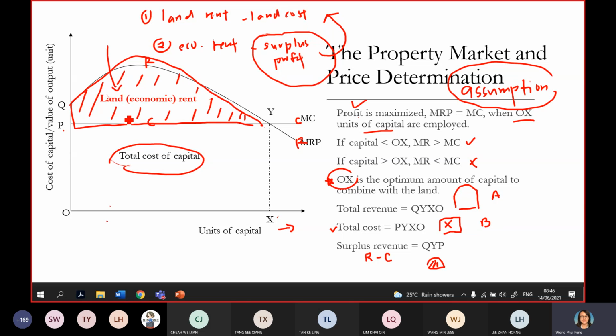So that's why this one also shares the same area with the land cost, which is land rental. I hope you remember this one. Assuming whatever profit the developer receives, they use it to pay the landowner for land cost. So this area also refers to the land cost, due to the assumption.